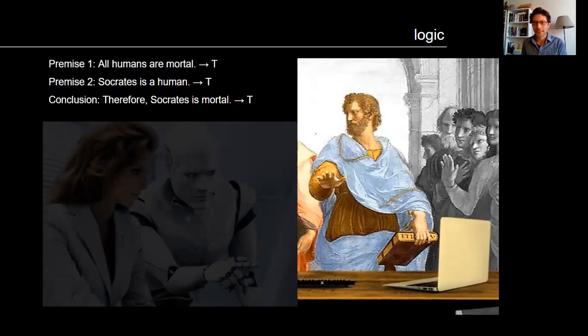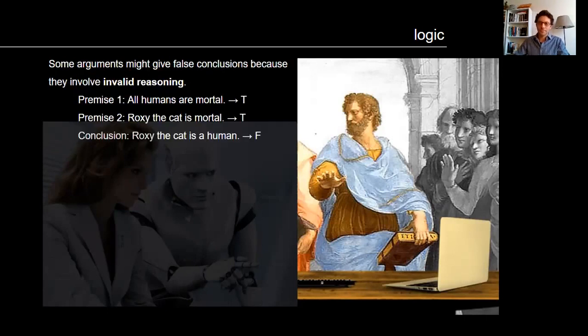The first two premises are true in this statement. So in a valid argument, there is no way for the conclusion to be false as long as the first two or more statements or premises are true. That's why this argument is a valid argument.